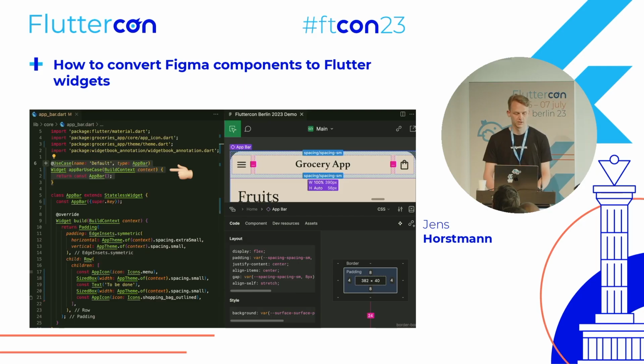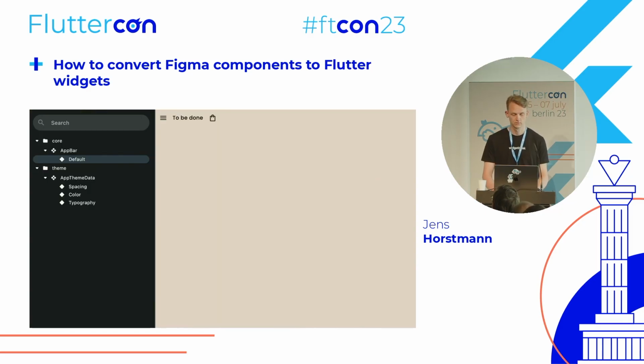So we have a new use case now that is of component type AppBar, and we just give it a default name. For the builder function, we just return the AppBar as it currently has no parameters. We will change that later, but until then, we can now look for the first time at how the component looks. Okay, this kind of looks like it, but not completely.